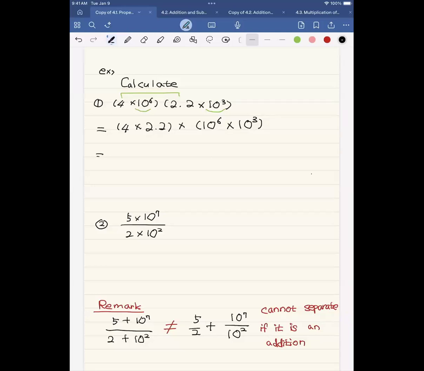Then this will be 8.8 times 10 to the, what should we do? We have to add each exponent. Then that'll be 10 to the 9th power. So this is the final answer.